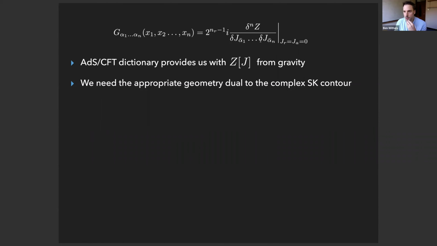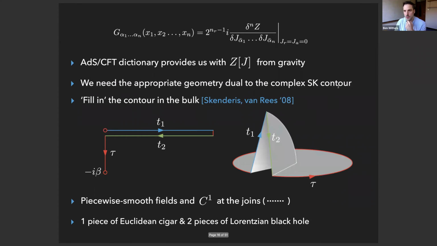But in this real-time context, we need to replace the quantum field theory path integral with our gravitational path integral, where we have an appropriate dual to this complex time contour, this Schwinger-Keldysh contour. So this is, in essence, the Skenderis-van Rees prescription.